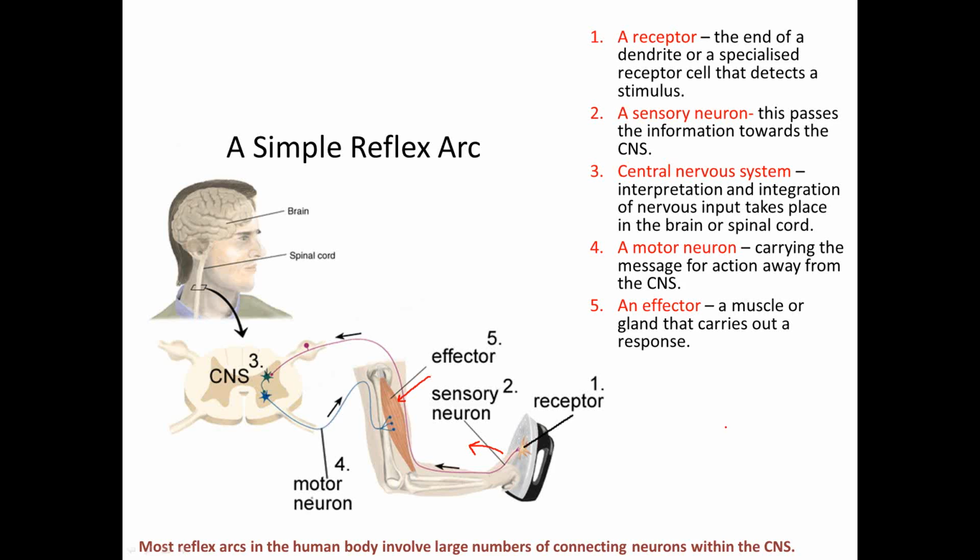It might be just part of the nerve cell, but there is one. There will be a sensory part. There will be a passage of sensory information. That information is interpreted and then acted upon. And if you remember, when we showed the basic nerve cell, we could see that that's what went on, that information was received and then transmitted. And in between, it was integrated in the body of the nerve cell.